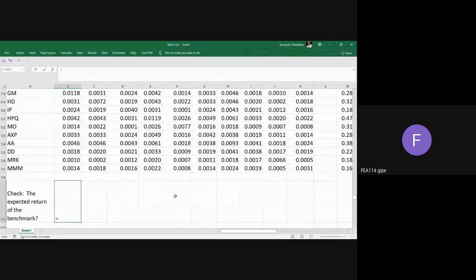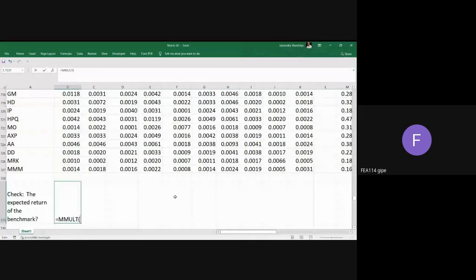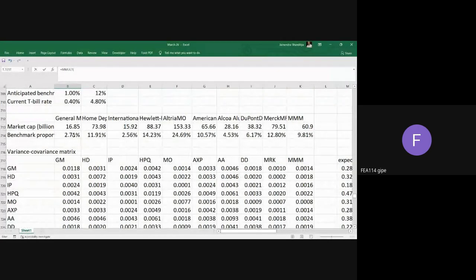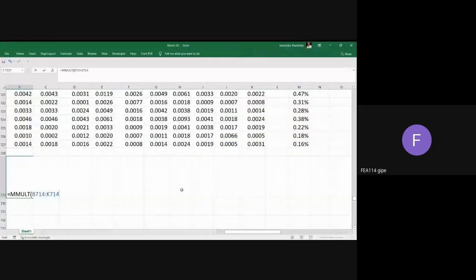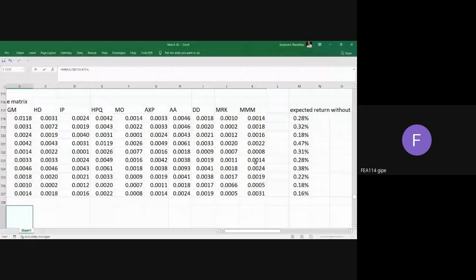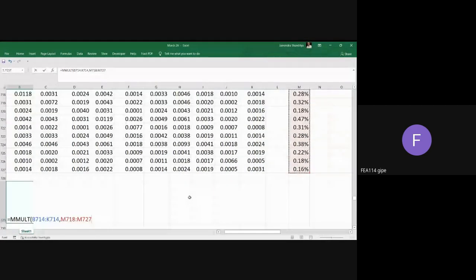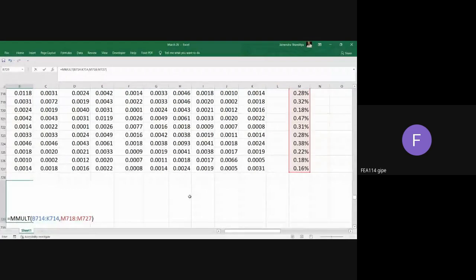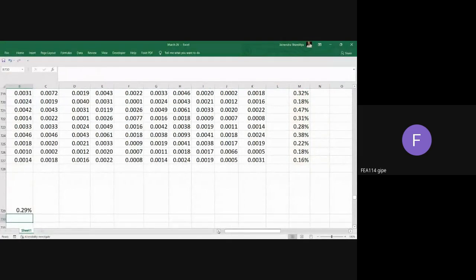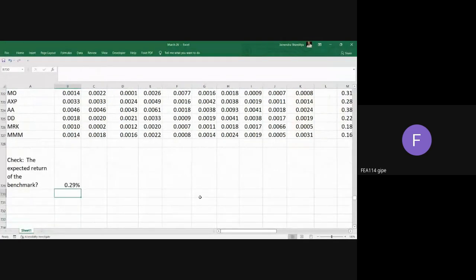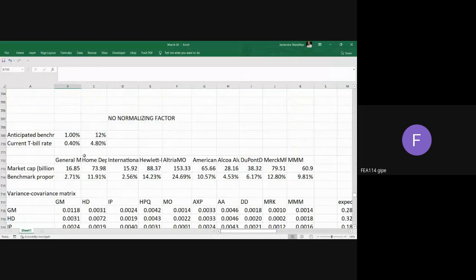So I will do a matrix multiplication of my proportion with the expected return, because this is the benchmark proportion, and this is the return expected using the formula, and then I close this. So I've got 0.29%.